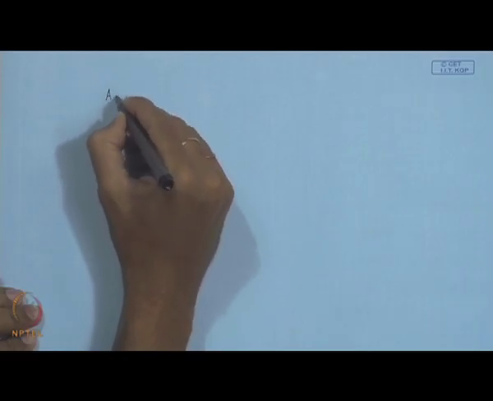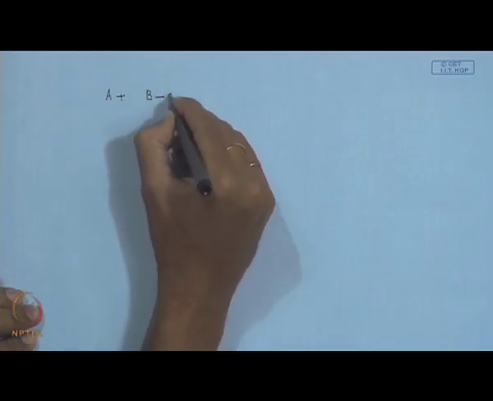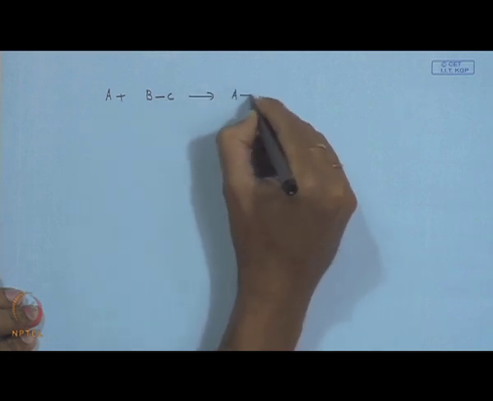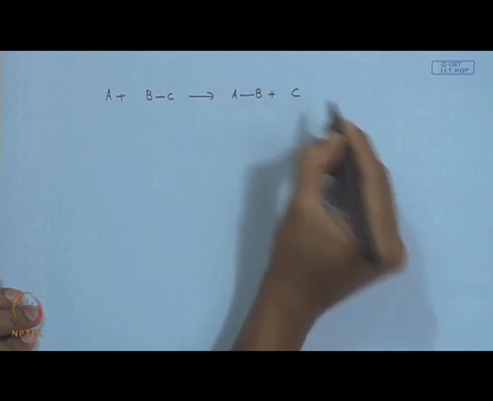If the collision is not elastic, energy may be transferred into some other degrees of freedom, or in some other way, maybe in the form of heat. Now, consider a reaction like A plus BC giving rise to AB plus C.